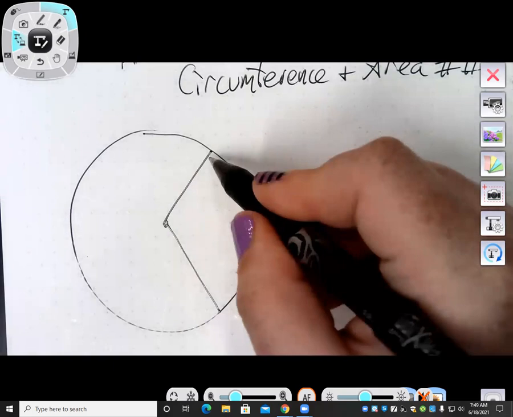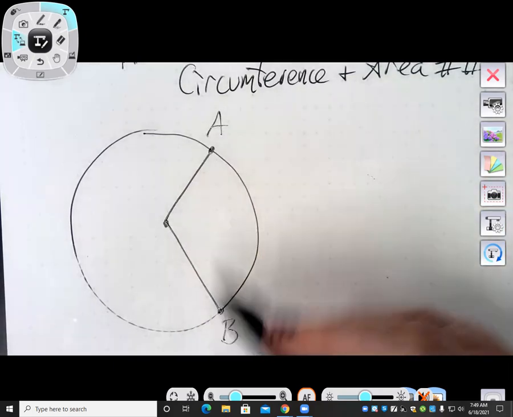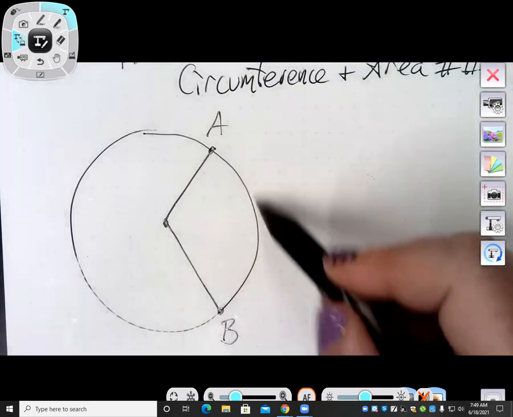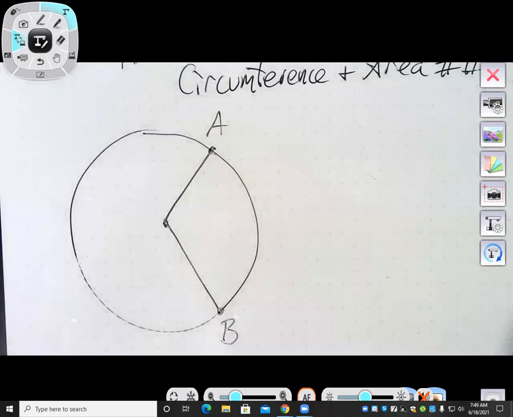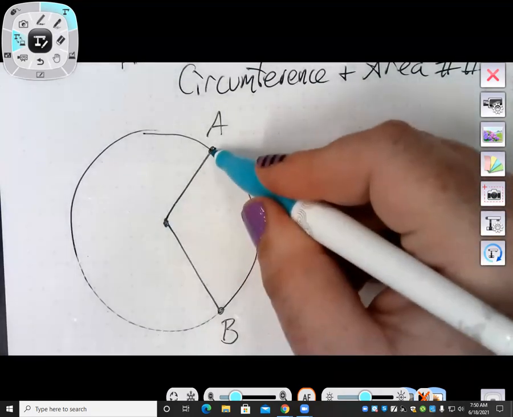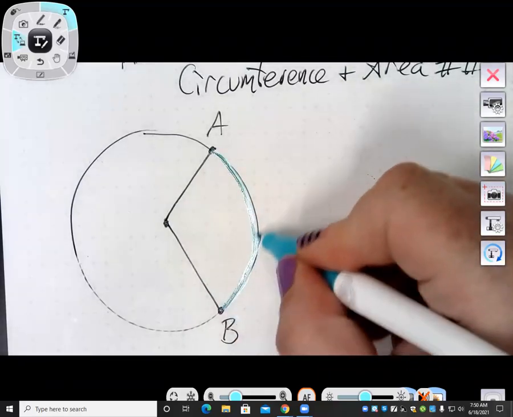And then the fun fact about this was that as it spreads out, it eventually hits the circle, right? So then you have this piece of the circle in between A and B, and we refer to that as an arc.